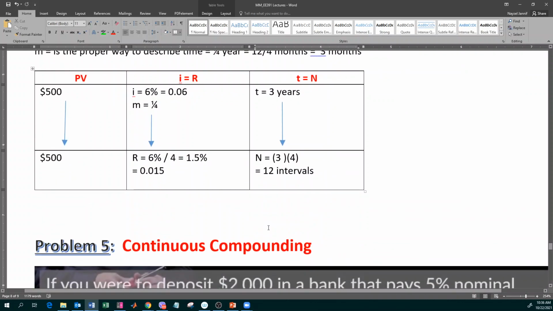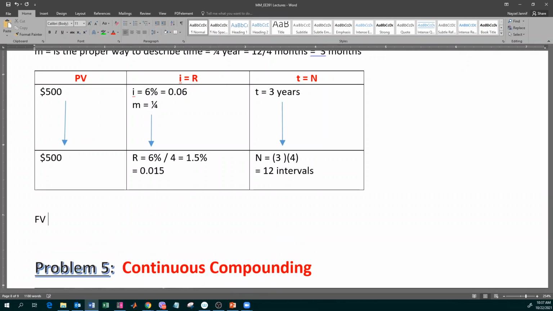Therefore, after taking that into account, future value is equal to present value multiplied by 1 plus R to the power of N. And what do we get, guys?